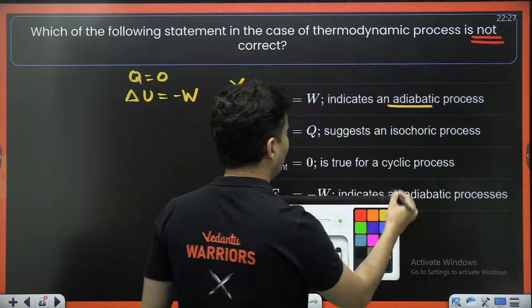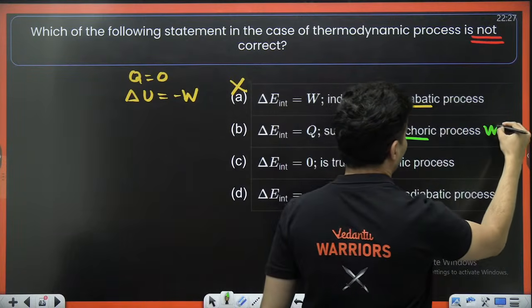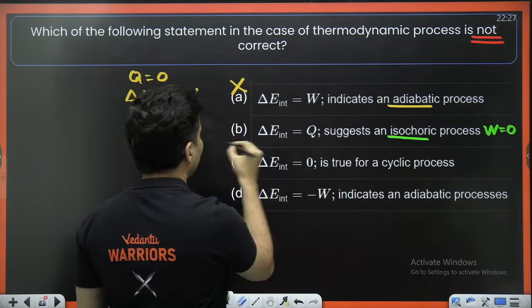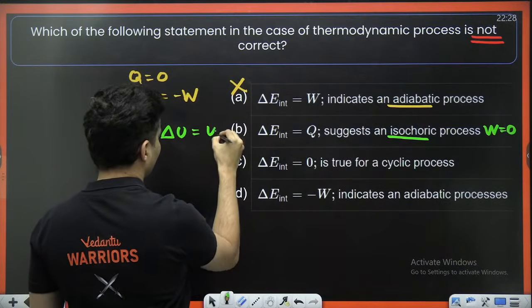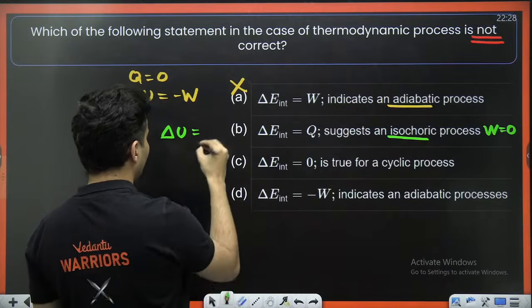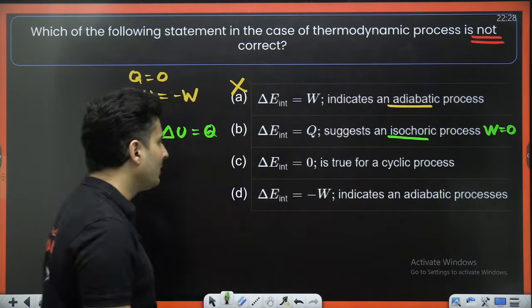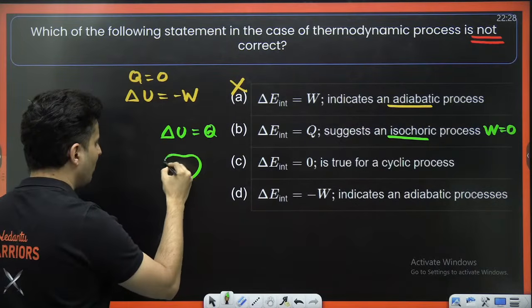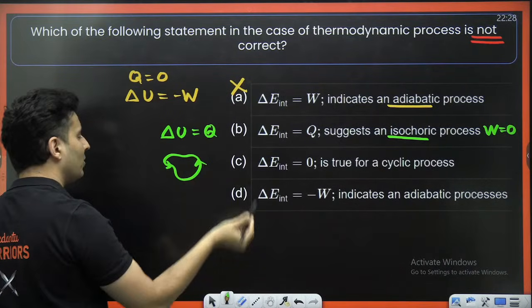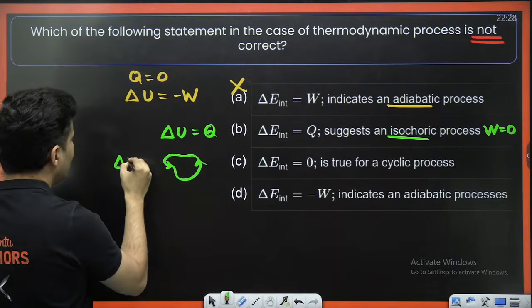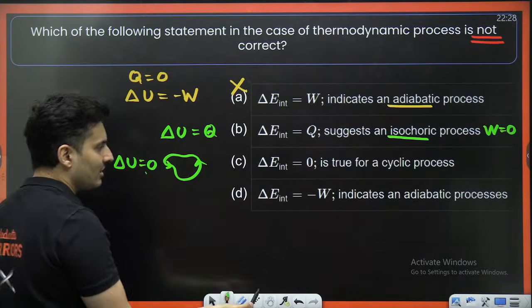Like if you see isochoric process, work is 0. So yes, delta U will be heat supplied. For a cyclic process, that means you come back to the same point. Obviously, you have come back to the same situation. So obviously, delta U will be 0. No change in the state.